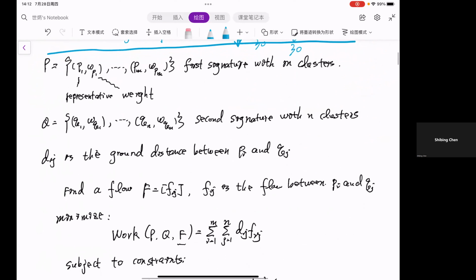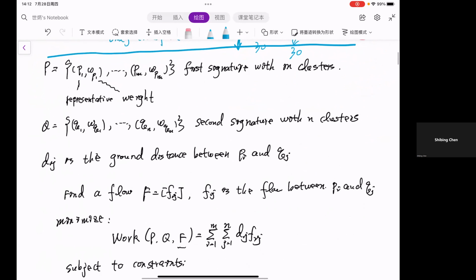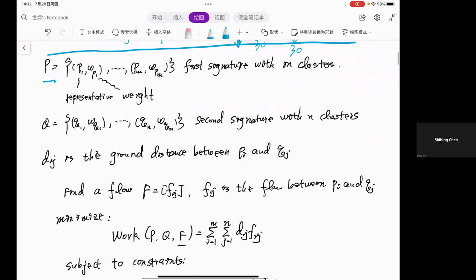So suppose you have a collection of data. The first signature has clusters P1 to PM. You have M clusters, and P1, P2, P3 are the representatives, and the corresponding weights are omega P1 to omega PM.